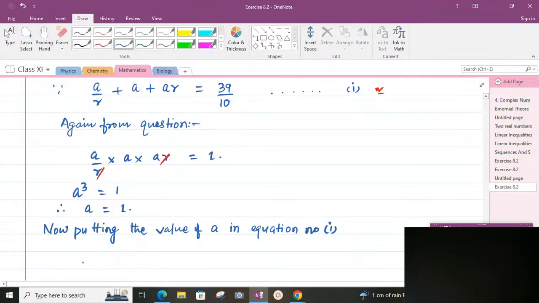So here will be 1 by r plus 1 plus r equal to 39 by 10. Hope that there is no problem to understand up to this step.